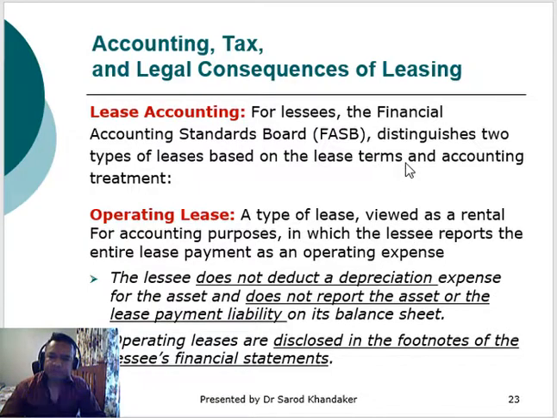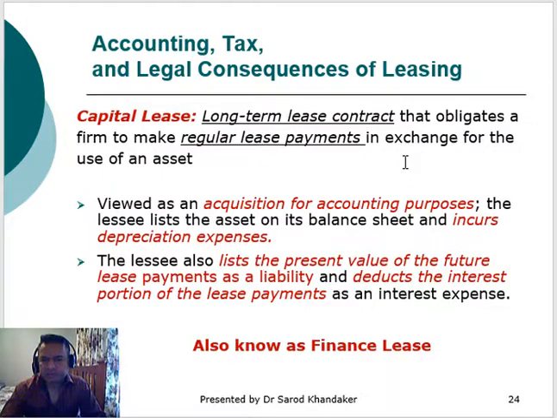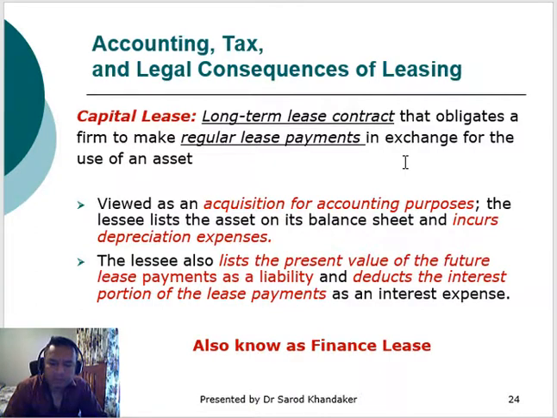The second type of lease for taxation purposes or legal consequences is called the capital lease. The capital lease is a long-term lease contract that obligates the firm to make regular lease payments in exchange for the use of an asset. For accounting purposes, it is viewed as an acquisition, and the lessee lists the asset on its balance sheet and incurs depreciation expenses.